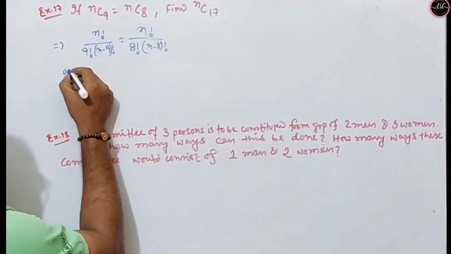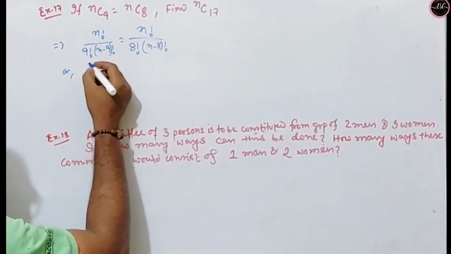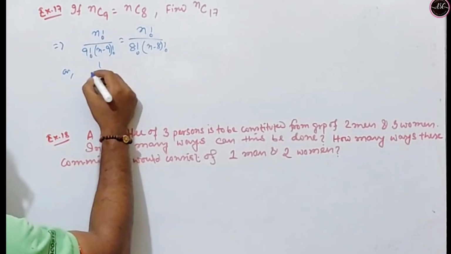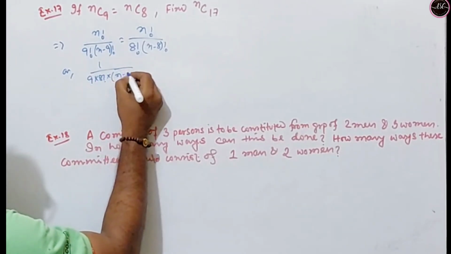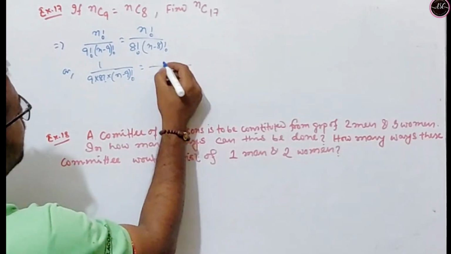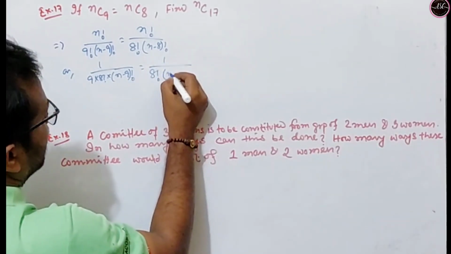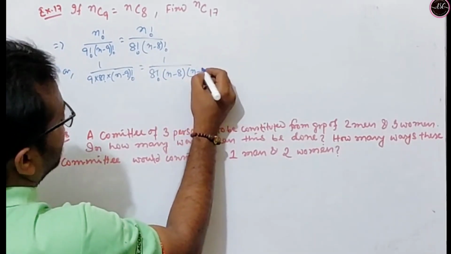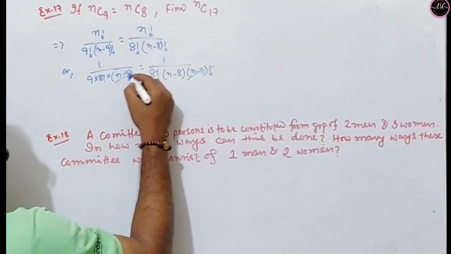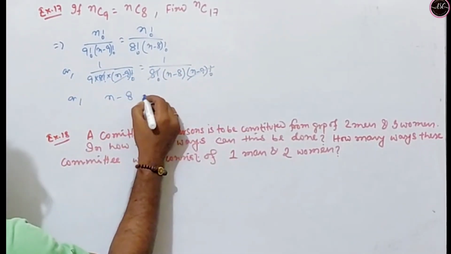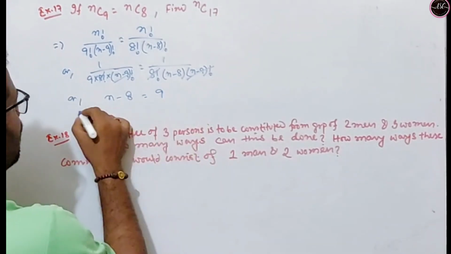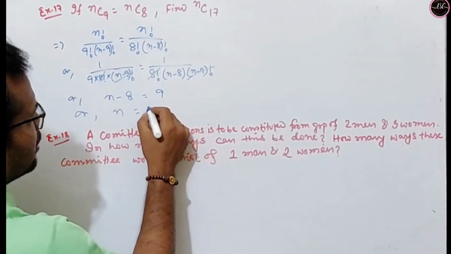Here n factorial will be cancelled out, and there will be 1 by 9 into 8 factorial, and here (n minus 9) factorial, and here 1 divided by 8 factorial into (n minus 8) into (n minus 9) factorial. Then (n minus 9) factorial and 8 factorial will be cancelled out. So there will be n minus 8 equal to 9, or n equal to 9 plus 8 equal to 17.